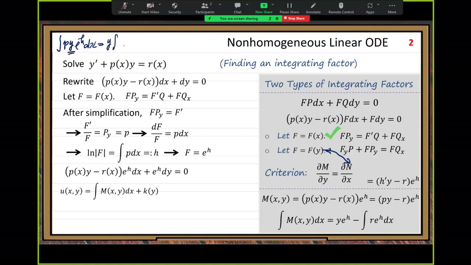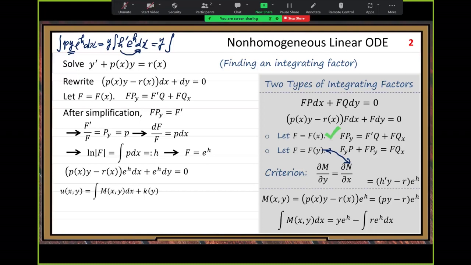P we can write as h prime, so e to the h dx. Now, can we write this h prime inside the differential d?